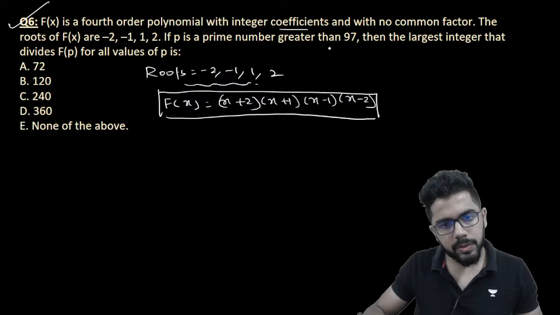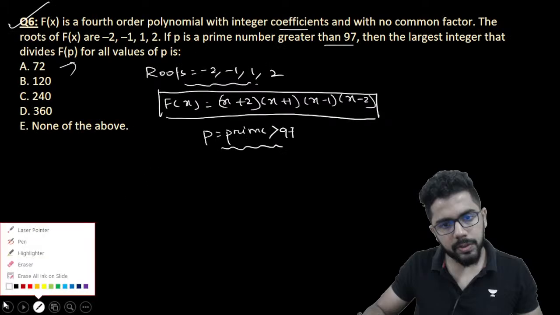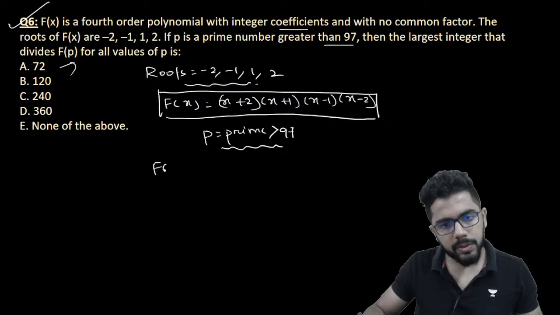Now if p is a prime number greater than 97, then find the largest integer that divides f(p) for all values of p. Understand what this is: if the value of f(x) is this, then f(p) will also have some value. f(p) basically means in place of x I'll put p plus 2, p plus 1, p minus 1 and p minus 2.